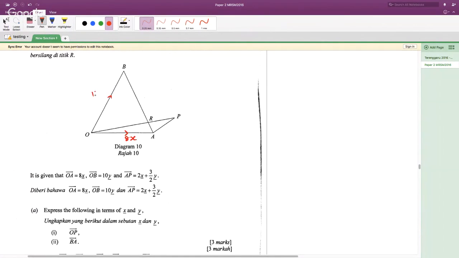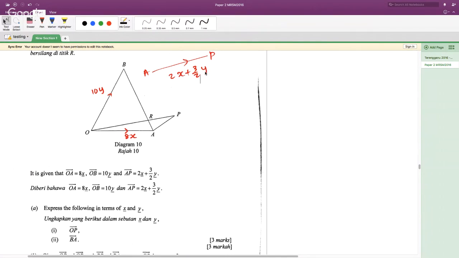A to P is 2x plus 3 over 2y. Just marking out whatever information I have here.